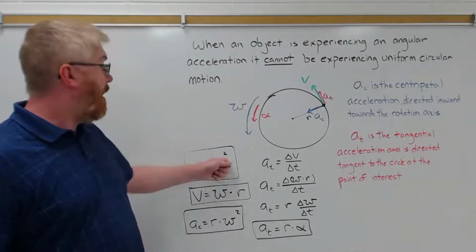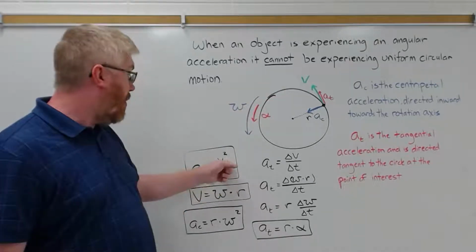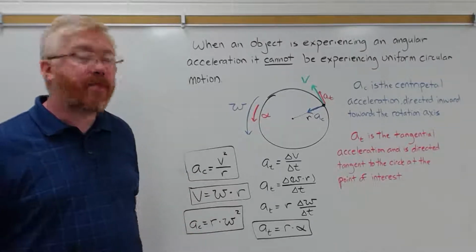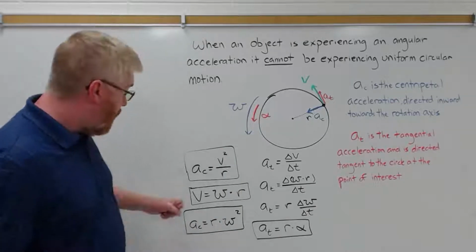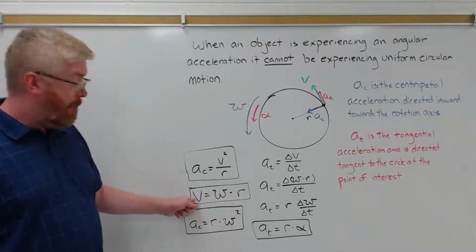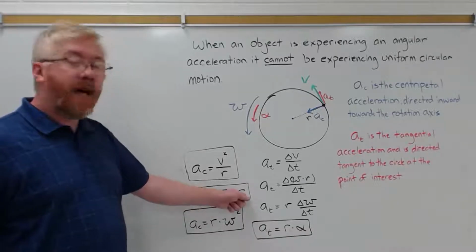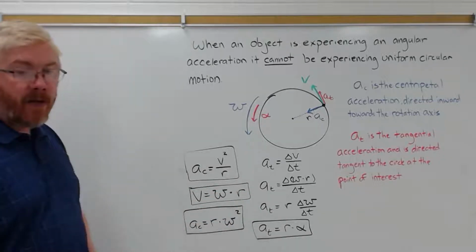So a sub c, if we know what the speed is at a given instant, we can actually calculate what the centripetal acceleration is. Or, looking at the relationship between speed and angular speed, we see that the speed of an object, v, is equal to the angular speed of the object times the object's distance from the rotation axis, in this case, the radius of the circle.